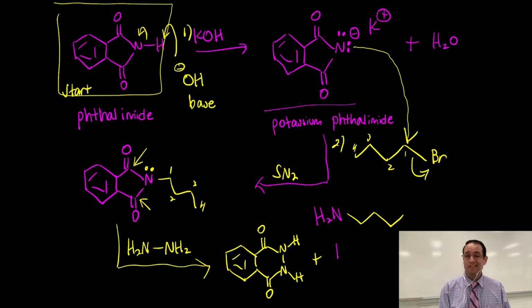So let me redraw all of that on the next page, what we actually did. Step 1 is KOH, step 2 is this butyl bromide, and step 3 is going to be this one here. So what did we do? We took phthalimide. In step 1, we added potassium hydroxide.